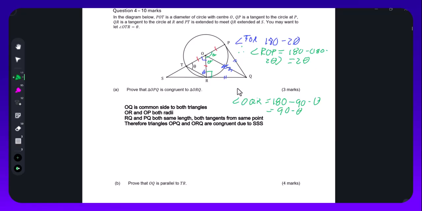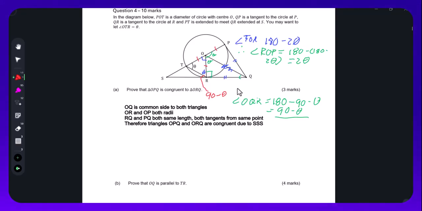So we know that that angle in there is going to be 90 take theta, and now in a slightly different color, we also know that the angle in here is going to be 90 take theta, because we've already got a theta there due to our isosceles triangle, and our entire angle here has to be 90 because of going from the origin down the radius to the tangent.